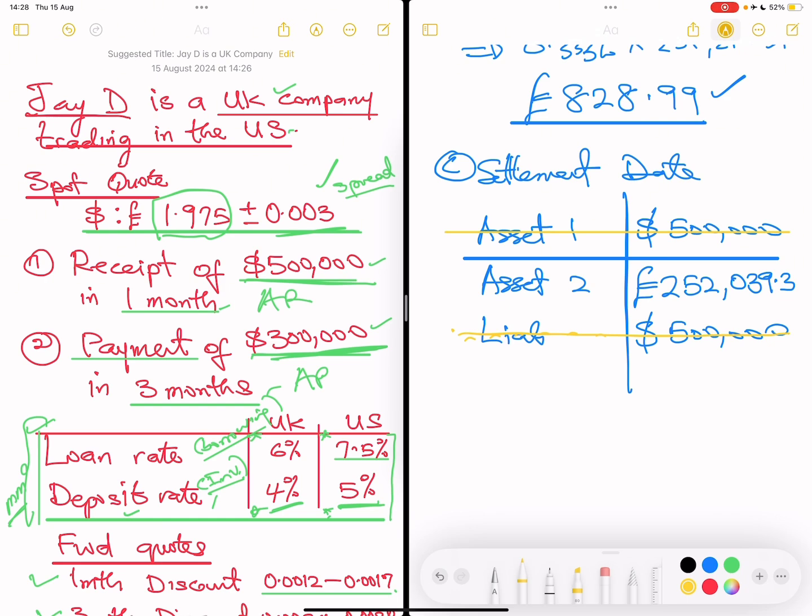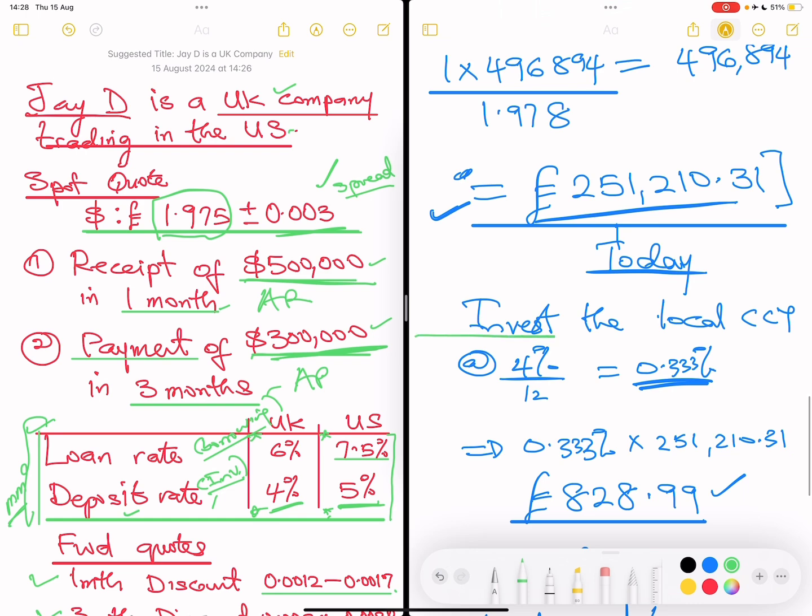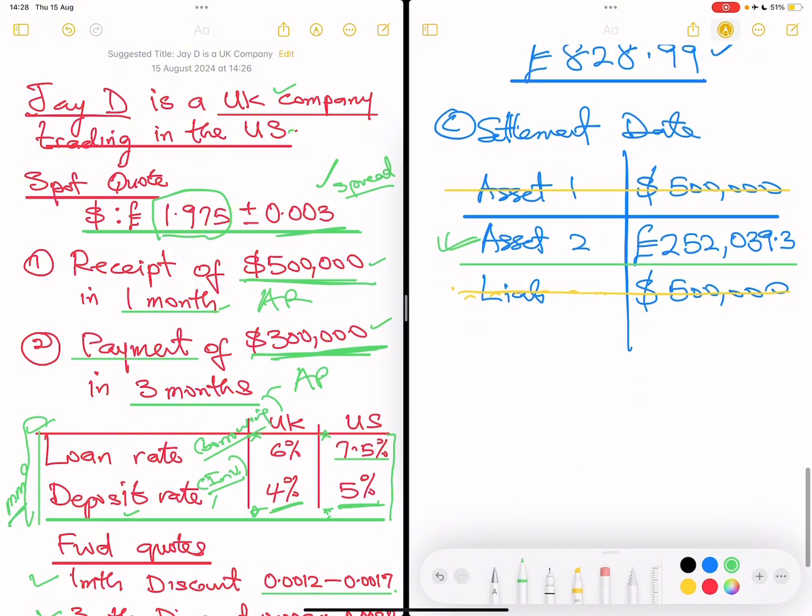And what we now have in a month's time is this local currency. But we're able to achieve this because of what we did before the 1 month expiry. We did it on the spot today. We did everything today, and in a month's time, we were able to have this.